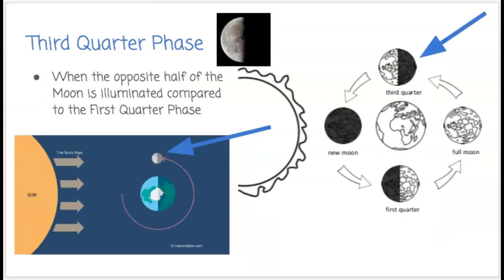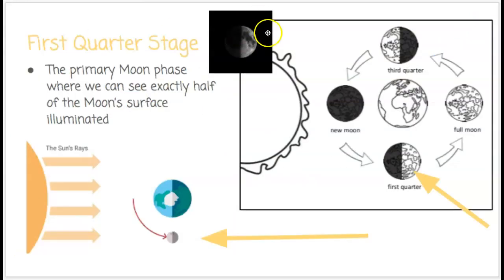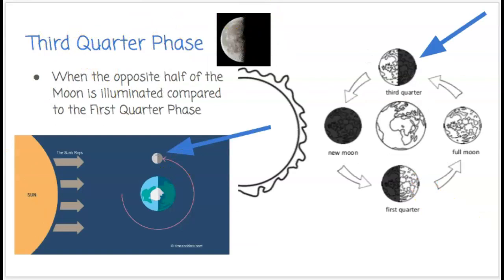So then our last stage is the third quarter phase. It's when the opposite half of the moon is illuminated compared to the first quarter phase. So in the first quarter phase, the right side of the moon is fully illuminated, but in the third quarter phase, it's the left side because the sun's rays, again, are shining this way, so we see that left side of the moon is fully illuminated as right here.